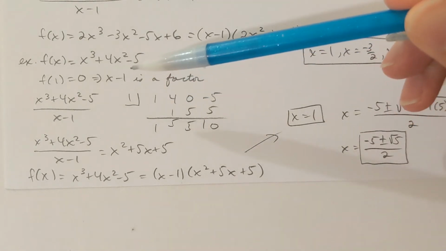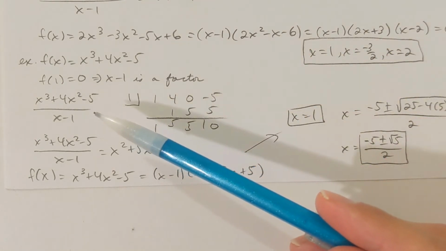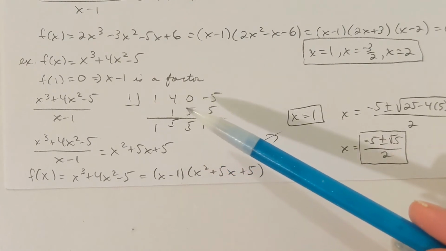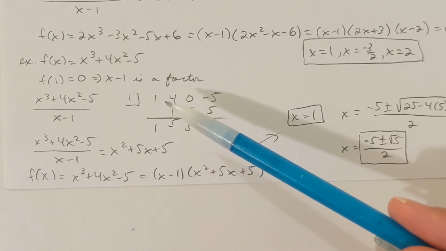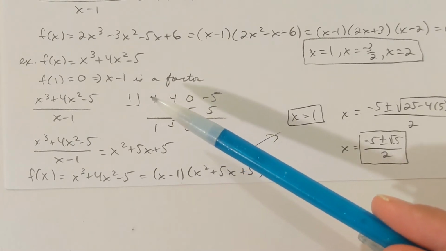Okay, so I would want to take f of x and divide by x minus 1, and I've done that. I'm using synthetic division here. 1 is the 0.